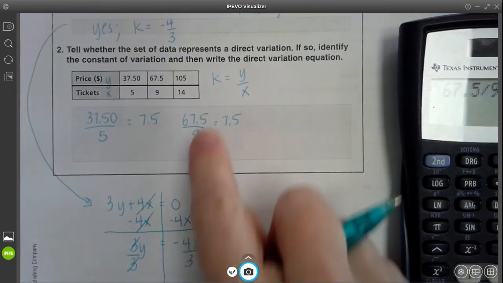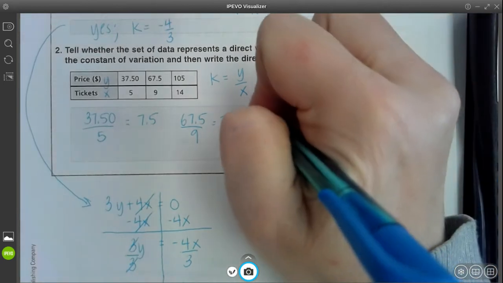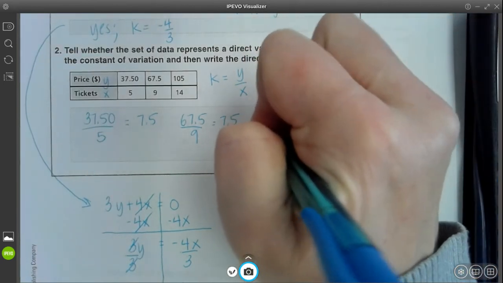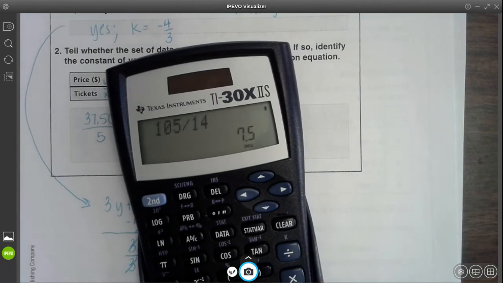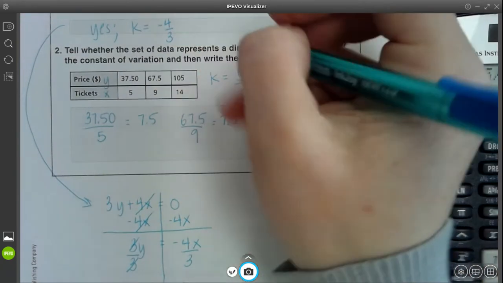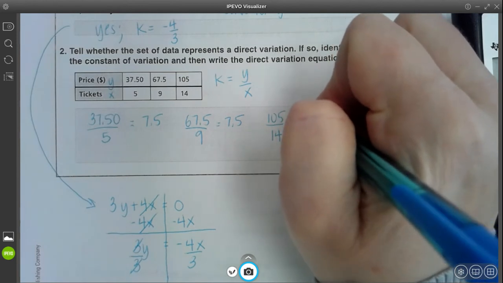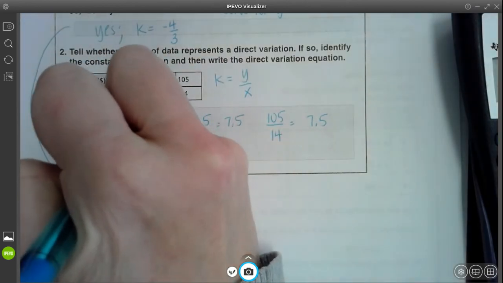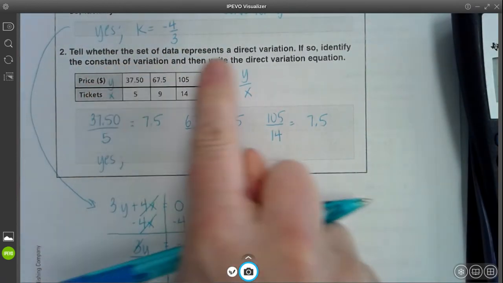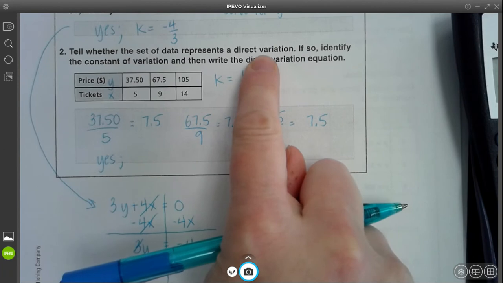And then we're going to try the last one, 105 over 14. And that is 7.5 as well. So they are all the same. Since they're all the same, okay, the answer to the first question is yes. Okay, they do represent a direct variation.